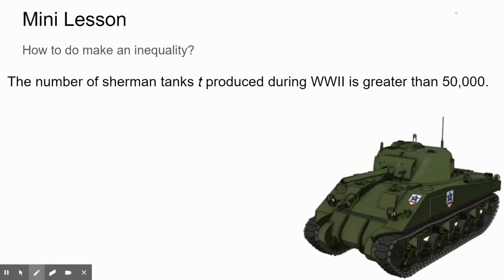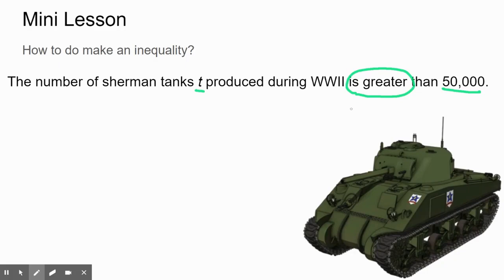So how do we actually make an inequality? Let's think about this problem here. We have the number of Sherman tanks T produced during World War II is greater than 50,000. So the first thing we need to know is we have a variable. Second thing we need to know is that we have a number. And the third thing to look for is some word that tells us what inequality we have.